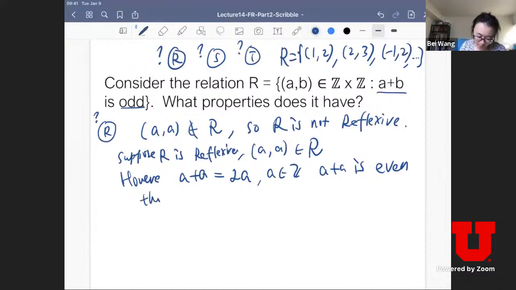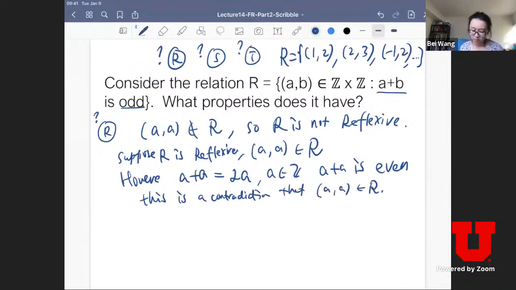So this is a contradiction that (A, A) is in R. Okay, so this here is just a quick proof.